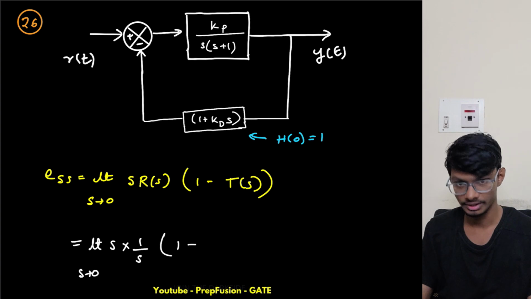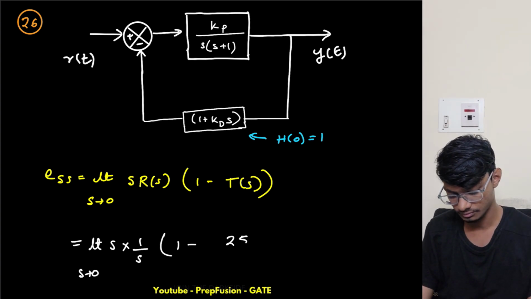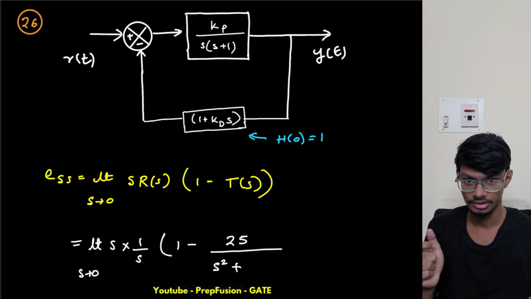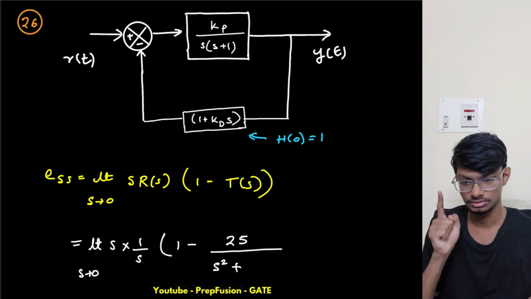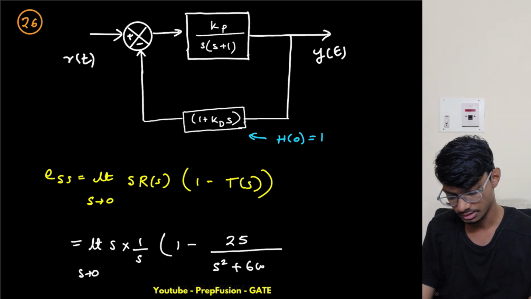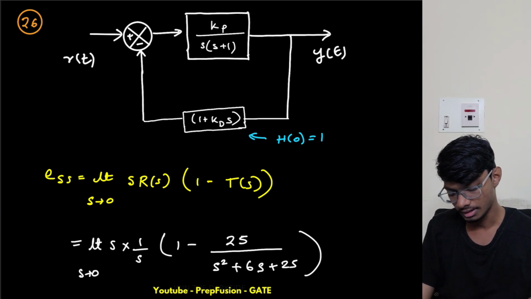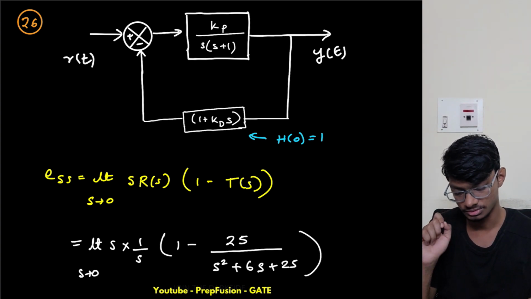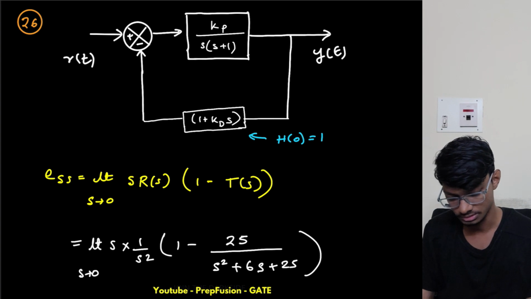What is the transfer function? Omega n square, which is 25, right, divided by s square plus 2 zeta omega n, which is 2 into 0.6, okay, which is 1.2 into 5, which is equal to 6 itself. 6s plus omega n square again, okay, and I need to put s equals to 0 over here. Can I put s equals to 0 over here? Oh, this is s square, sorry, this is s square, okay.